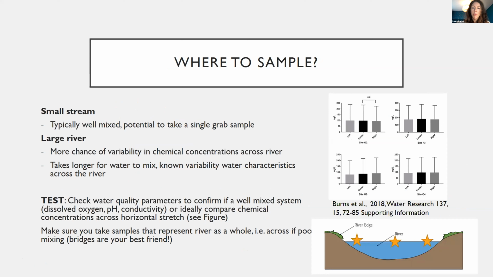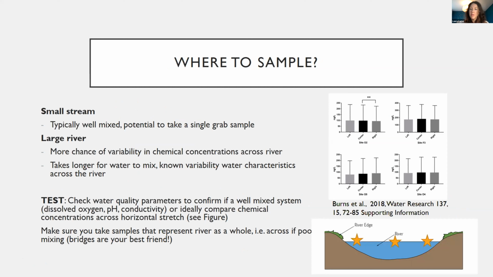So where to collect your sample? I think one of the main drivers of this is largely the size of the water body that you're dealing with. In large rivers, there's more chance of variability in water characteristics and quality across the river.